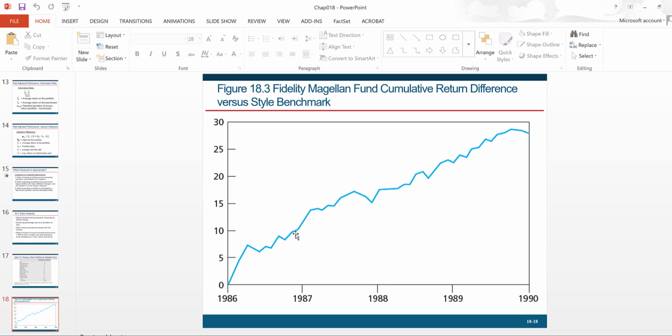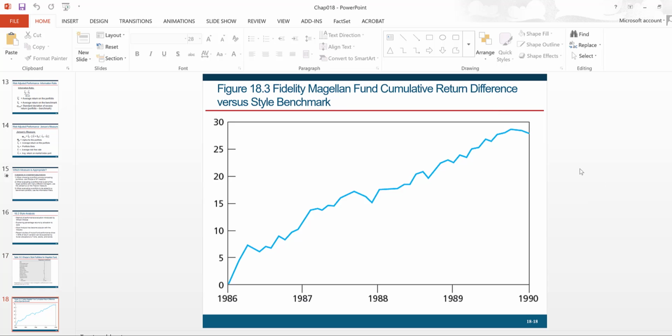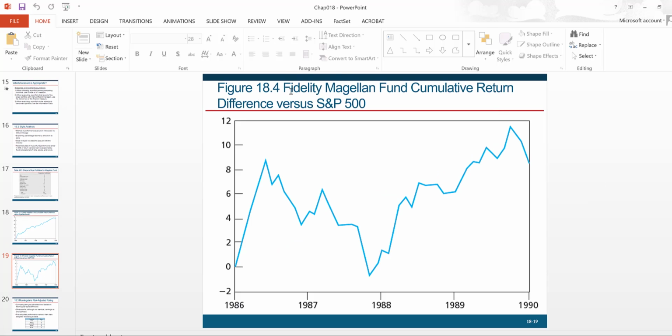The fund manager was actually consistently adding performance and delivering superior performance. So the overall cumulative performance was increasing over time, right? If instead of using these different styles, you just did this kind of analysis with the S&P 500, it would be all over the place, right? So very noisy here, right?